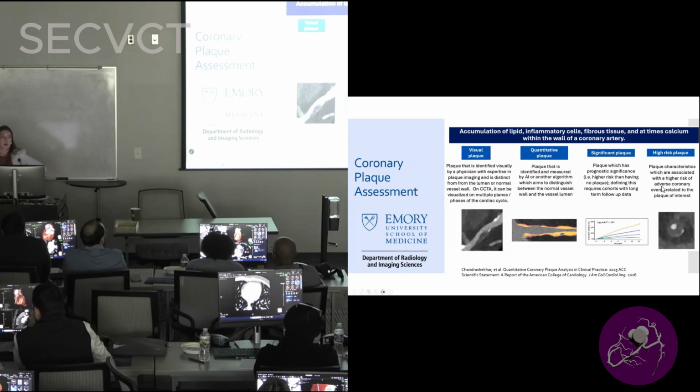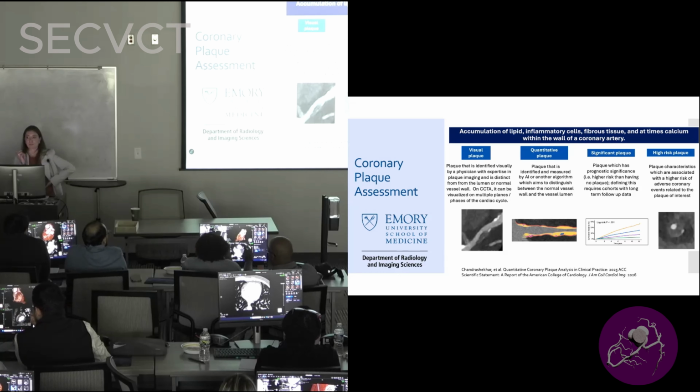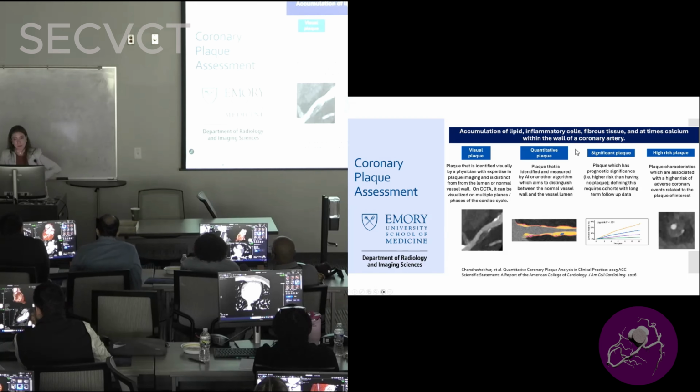So what exactly are we talking about when we talk about plaque, right? That's the second modifier. This is accumulation of lipid or inflammatory cells, fibrous tissue, and sometimes calcium. The 4 important things to know about that is that we can qualitatively analyze the plaque, and again, that's going to be institution and reader dependent to a degree.